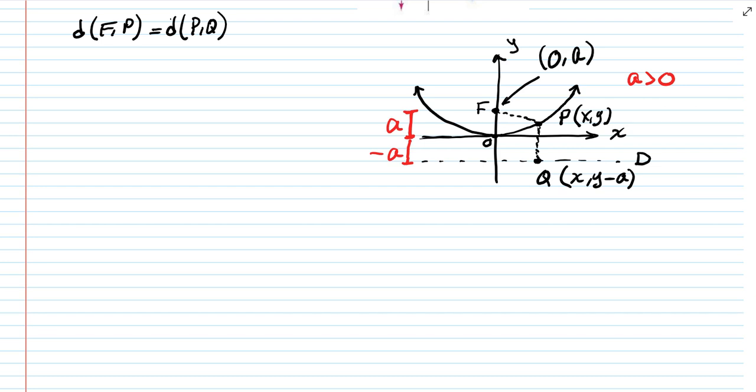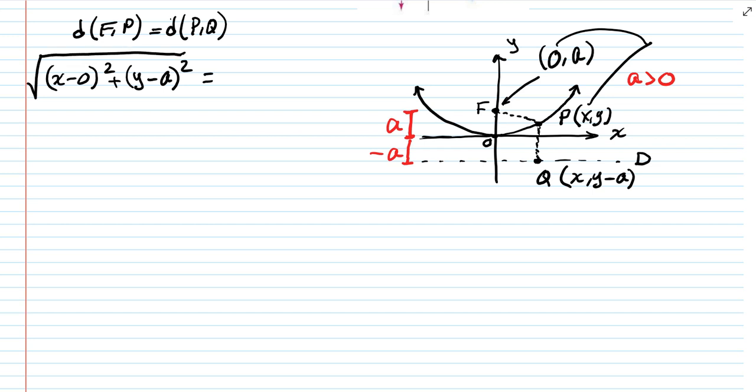Now I'm going to use the distance formula. The distance from the focus F to point P on the parabola is going to be the square root of x minus 0, first component minus first component of the focus, quantity squared, plus we subtract the y's, which is y minus a squared, equal to the distance from P to Q. Well, they have the same x, so x minus x squared plus y minus a squared, square root of.